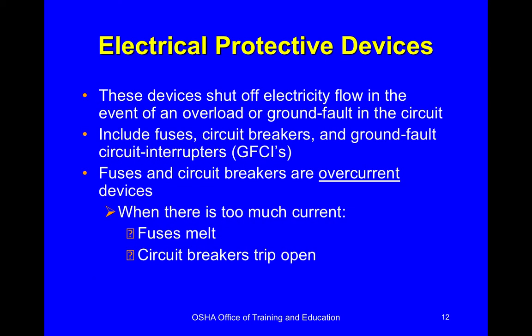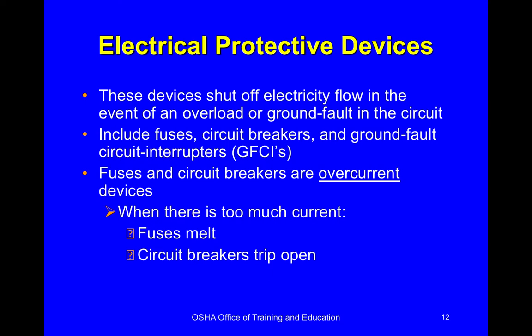There are protective devices: GFCIs, fuses, circuit breakers, okay? These are all meant to protect the equipment, although GFCIs are also meant to protect people. So fuses and circuit breakers are protecting from overcurrent. If your wiring is designed to handle 15 amps, the breaker or the fuse should be a 15 amp breaker or fuse.